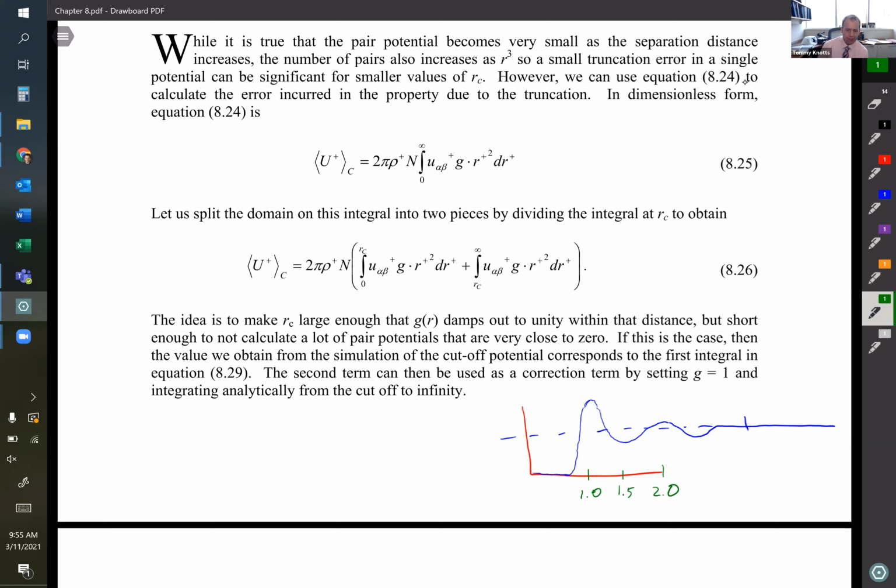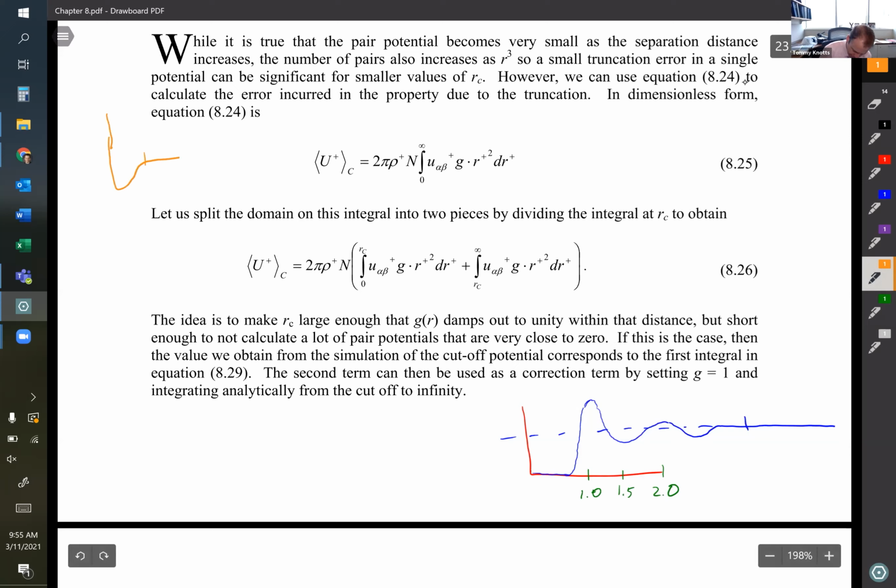Well, we know that eventually it goes to 1. And so I'm going to combine this idea with my cutoff potential. It often goes to 1 about where you are cutting off your Lennard-Jones potential, which kind of makes sense.